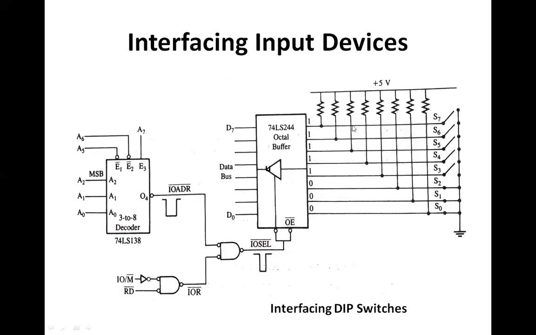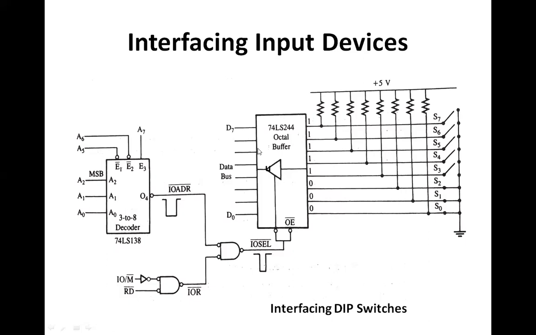Then the values which are available, that is 0 0 0 1 1 1 1 1, will be available on the data bus, and through the data bus it will be coming to the accumulator, meaning it will be coming through the data bus to the microprocessor.